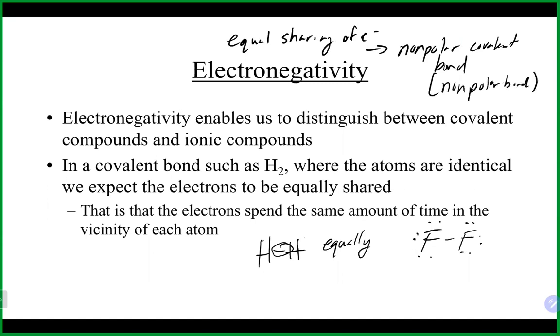It's implied that it's covalent because it's nonpolar and sharing, but a nonpolar covalent bond, or nonpolar bond, is when we get equal sharing of electrons. Because we have equal sharing of electrons, you could think of that bond as being neutral. There is no side where it's more negative. There's no side where it's more positive. Everything's being shared nice and equally between them. You have basically equal electron distribution.